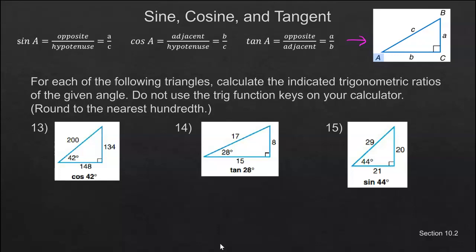Now, I forgot to say something. Some little acronyms that can help you. So on sine, it's S. The sine is opposite over hypotenuse. Cosine is adjacent over hypotenuse.